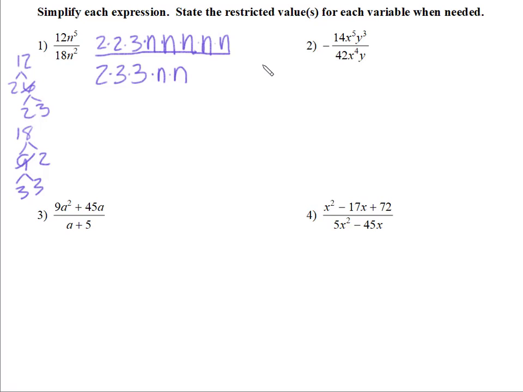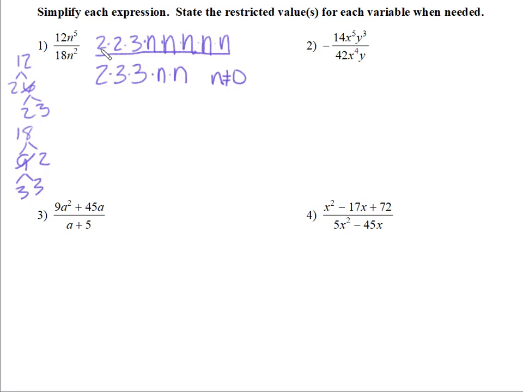Before I cancel anything though, let's state any domain restrictions. What would make this factor equal 0? In that case, it's actually 0 itself. 0 times whatever this is, times 3 times 3 times 2, the whole bottom becomes 0. So from this factor, n cannot equal 0. From this factor, n cannot equal 0 again. And then our numbers won't change. So here we need to say somewhere n cannot equal 0, technically twice, but we only need to list it once.